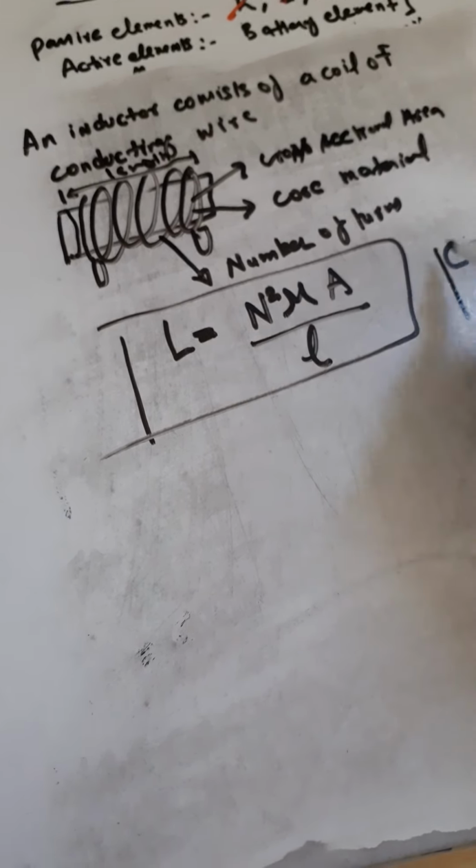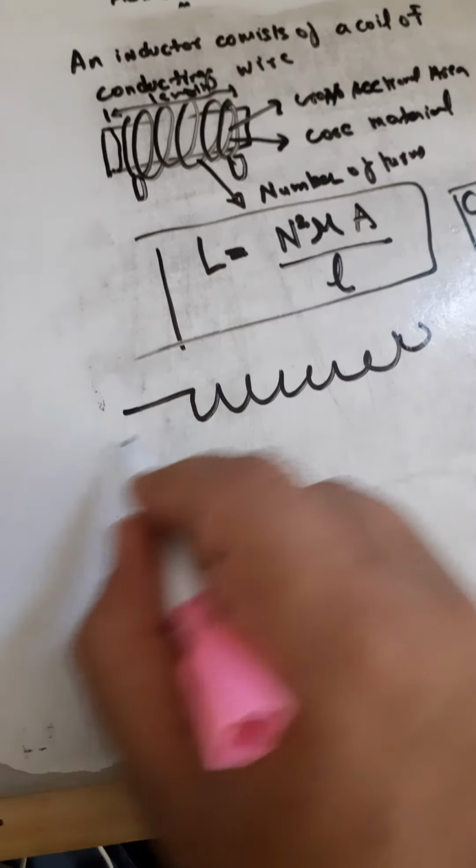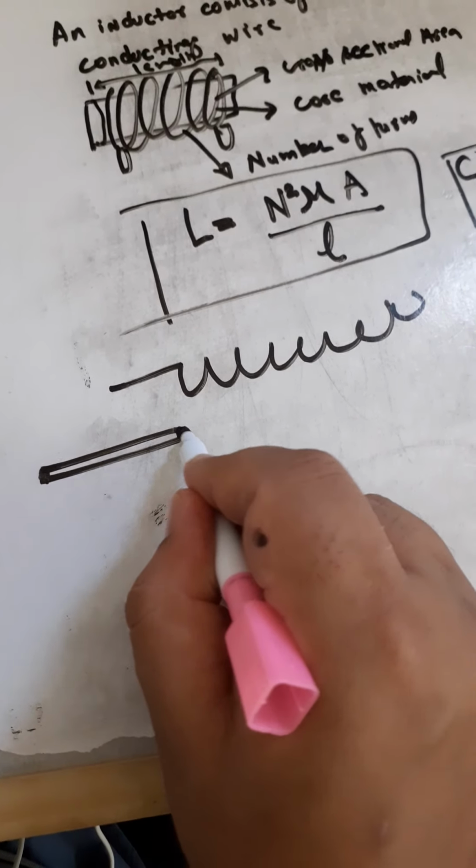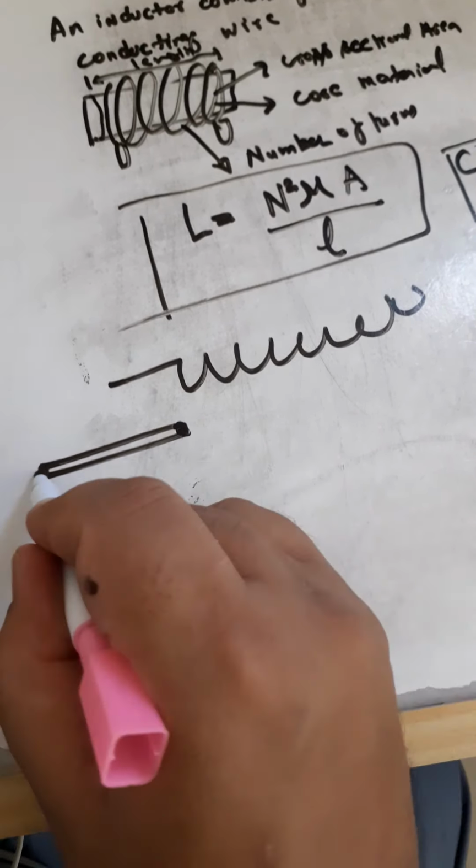So if we have to define an inductor, an inductor is simply any conductor you take and give it a different number of turns. Obviously a conductor will have some cross sectional area, and you just give some turns to it. You can see the tube lights which are nowadays coming with different turns, 3, 4, 5, and are giving more illuminance.